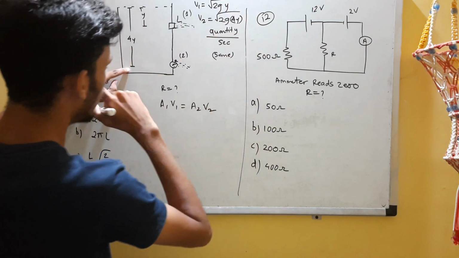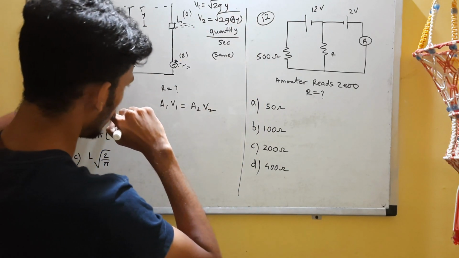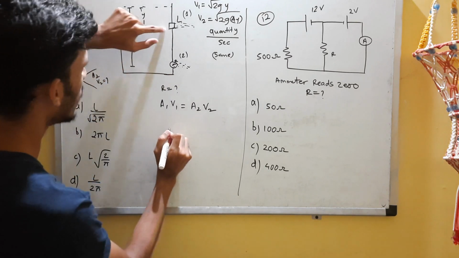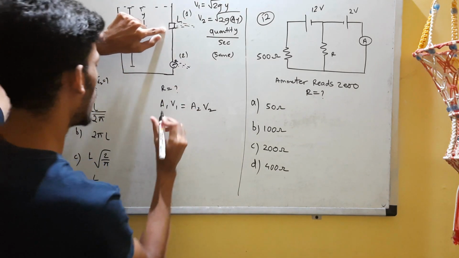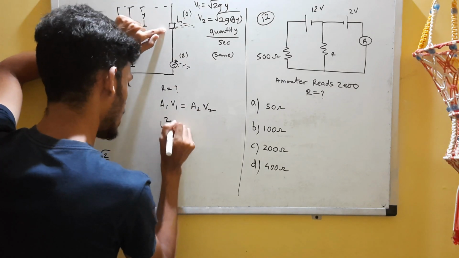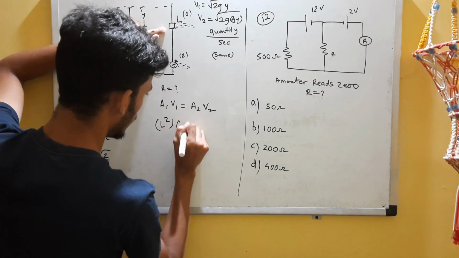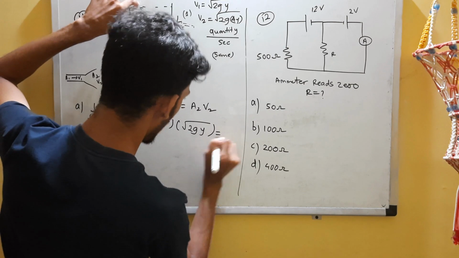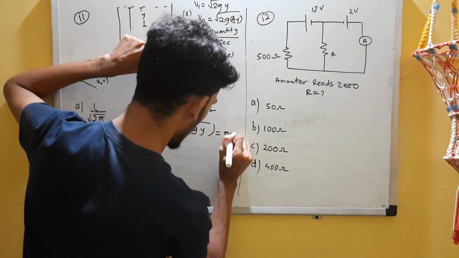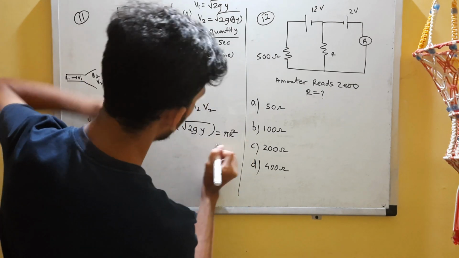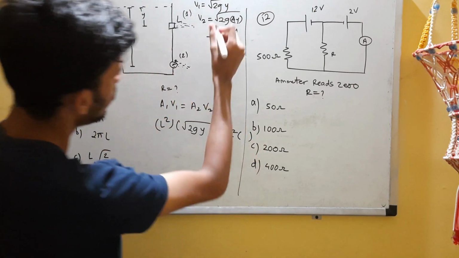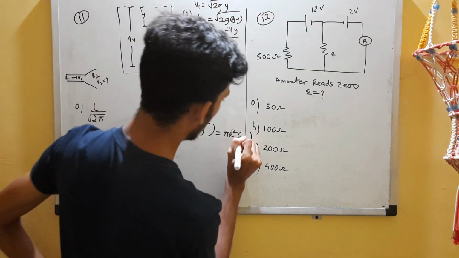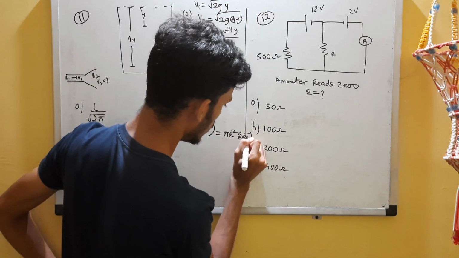So we have v1 and v2. Let's substitute them over here. Area 1 is a square of length L, so that is L square, and velocity in 1 is under root 2gy. Then area 2 is pi r square, and velocity in 2 is under root 2g 4y, or I can write it as 2 under root 2gy.